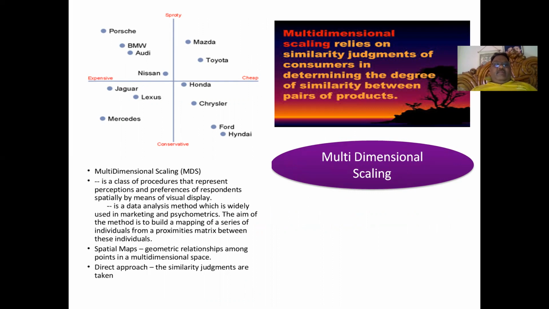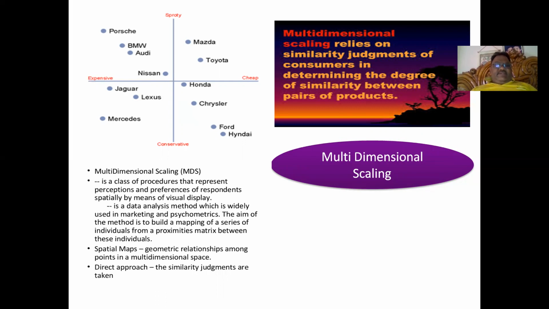Here, this is the example. We see that Mazda and Toyota are more competitive, and Ford and Honda are very close, and they are equally competitive. But Ford and Mazda are not so competitive because they have different customers. But here, BMW and Audi are strong competitors. They are close, but for Mercedes and Toyota, there is a difference.